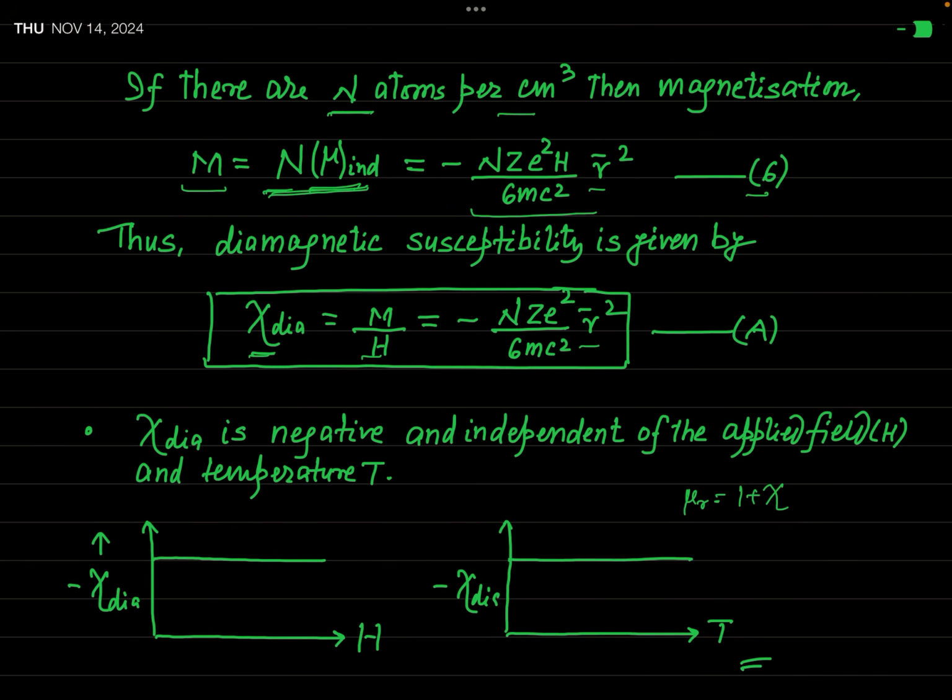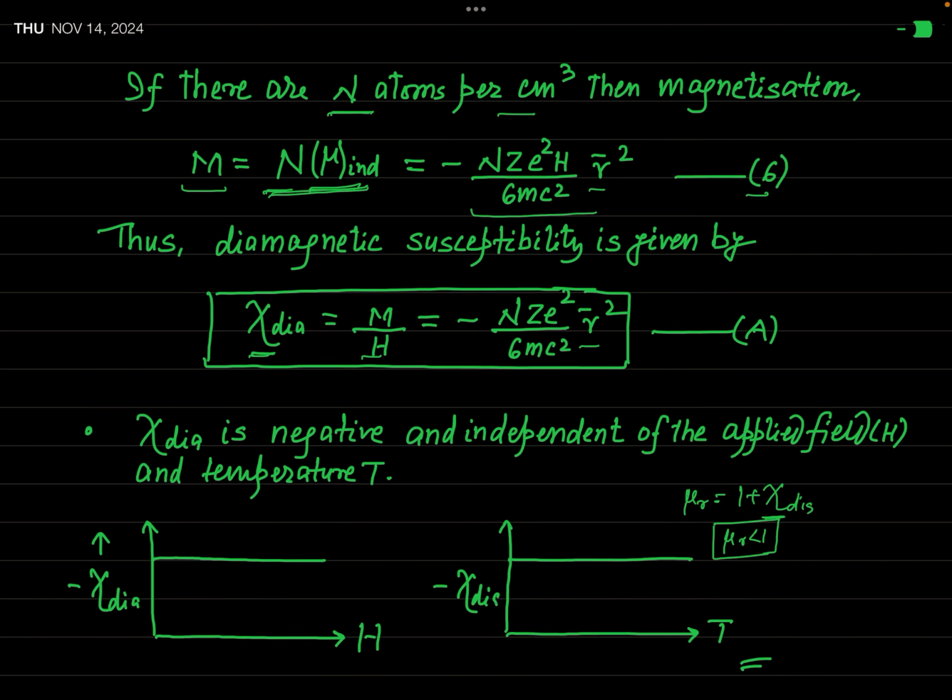So if you use this result for the diamagnetic material, and substitute this value chi as chi di, then this will be negative. So mu r will be less than 1. So the relative permeability of a diamagnetic substance is smaller than 1.